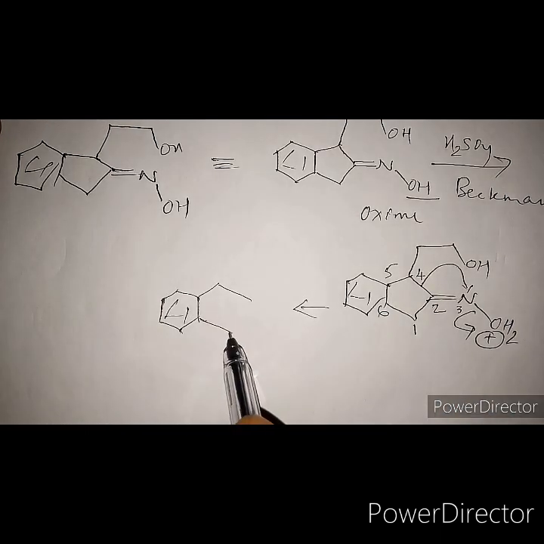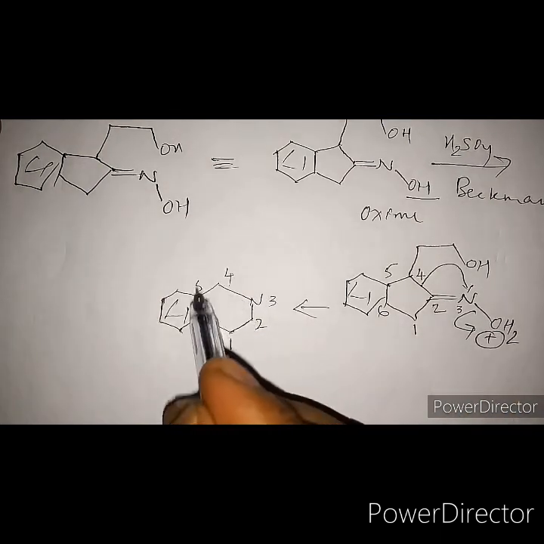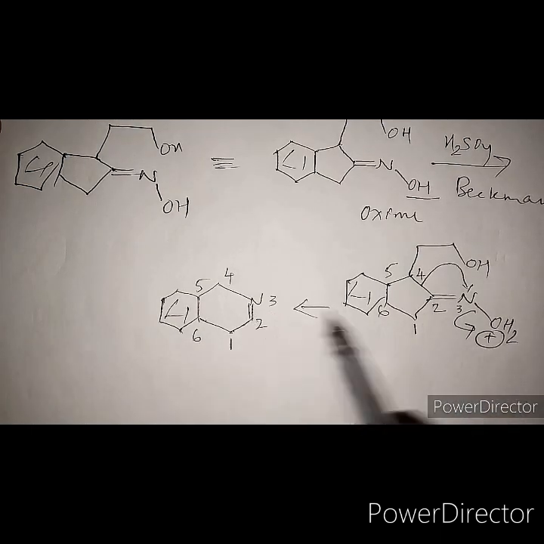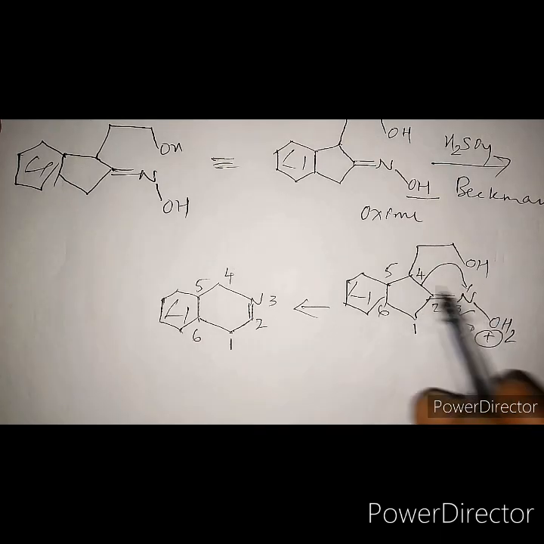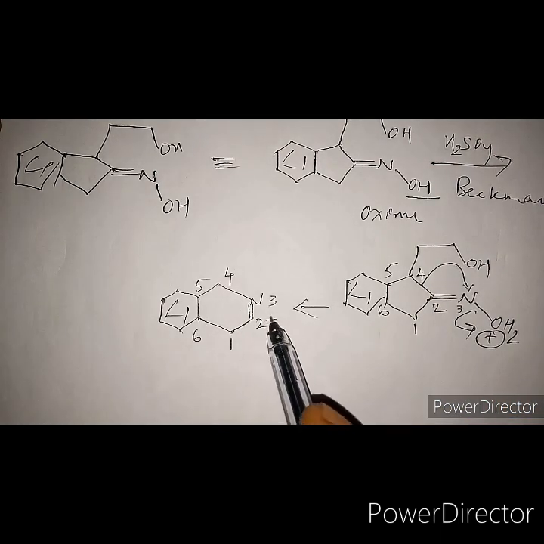Now this is carbon 1, this is carbon 2, and in position 3 we have nitrogen. In the second position we have a double bond. This bond migrates with its bonded electrons, so this carbon gets a positive charge.